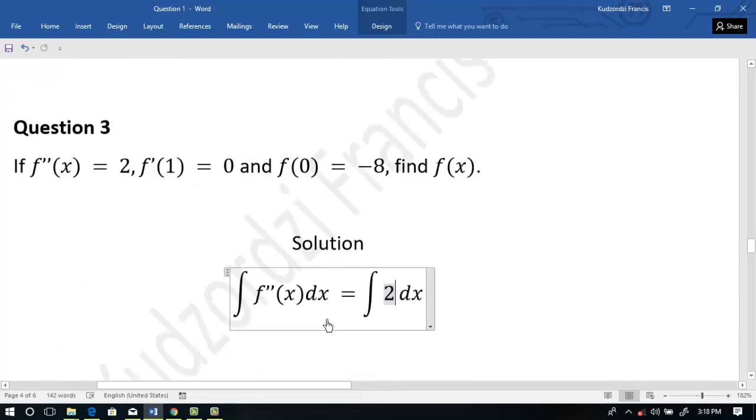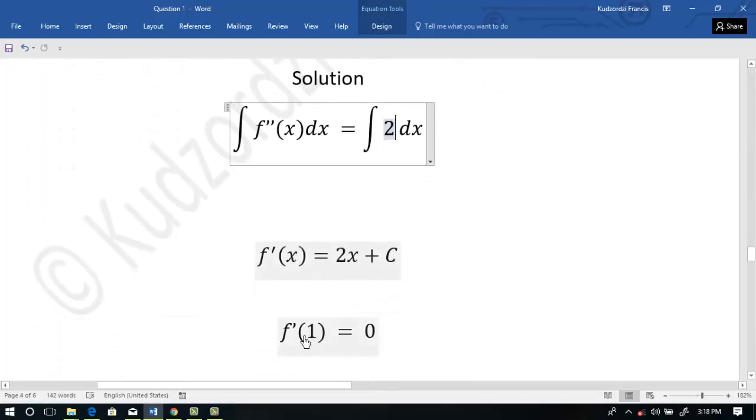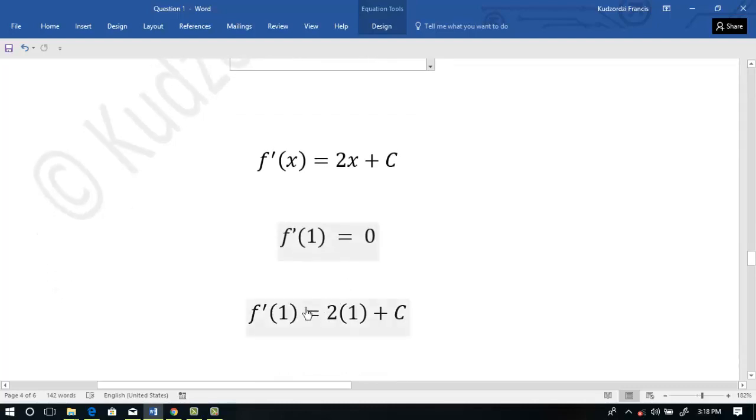Now, when given that f prime of 1 equals 0, f prime of 1 being 0 means that if x is equal to 1 and we plug into this function, we are going to get 0. So we have x equals 1. Whenever we see x, we put 1, and we get this.